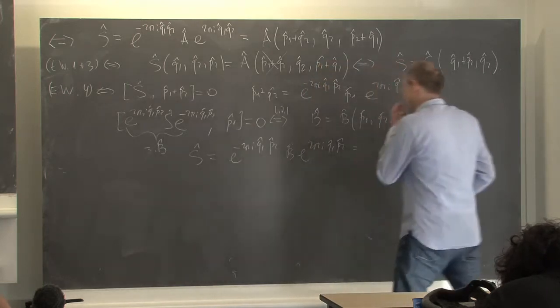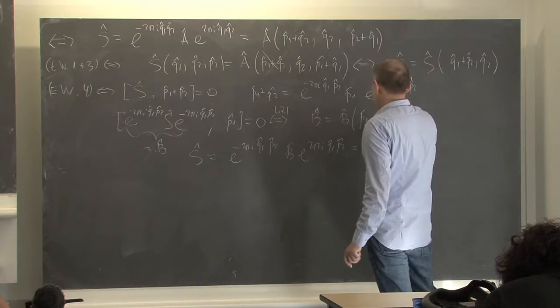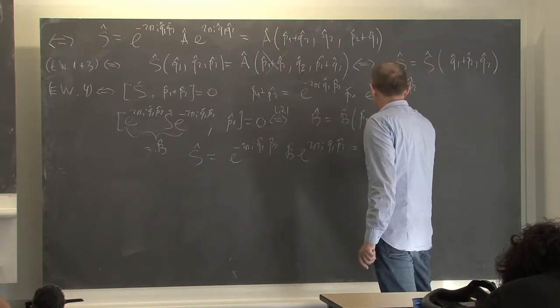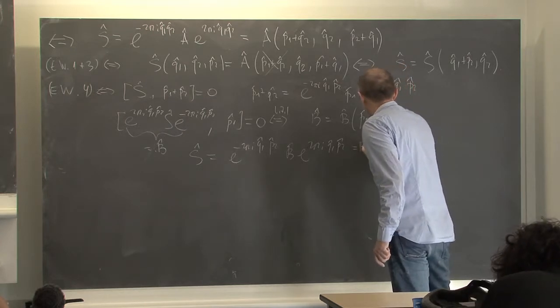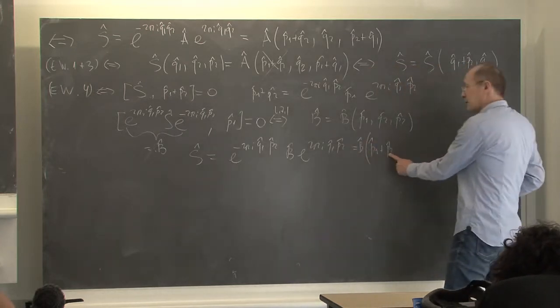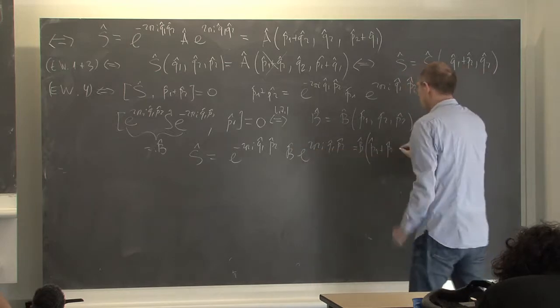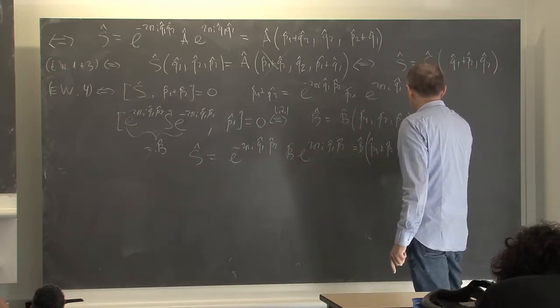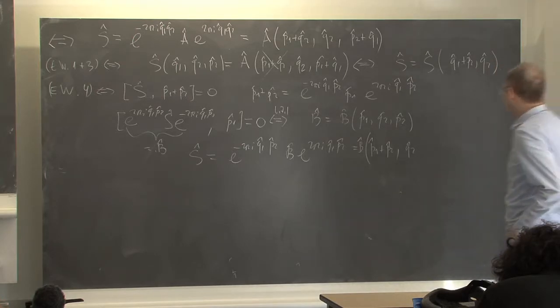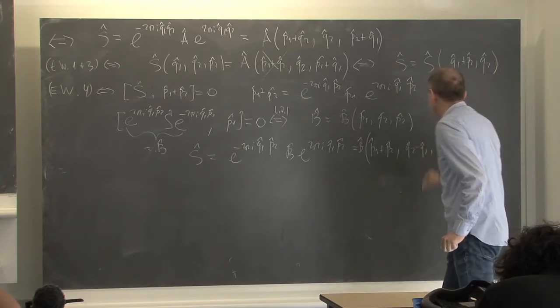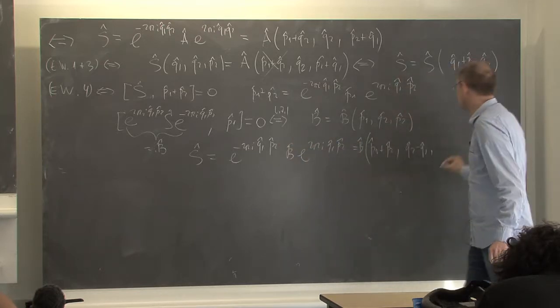And what is this? P1 becomes P1 hat plus P2 hat by conjugation. Q2 becomes Q2 minus Q1. And P2 doesn't change.